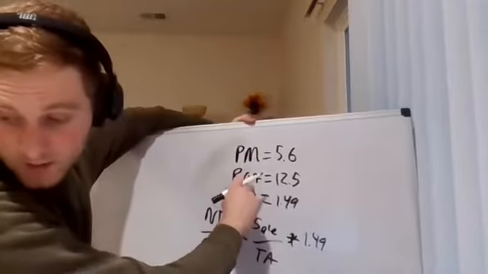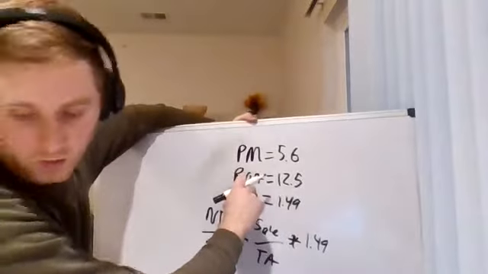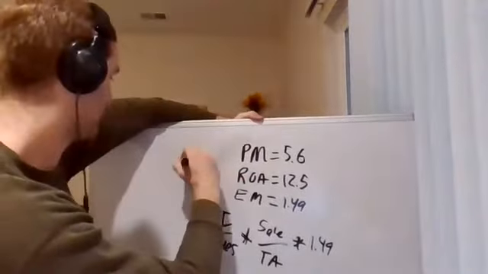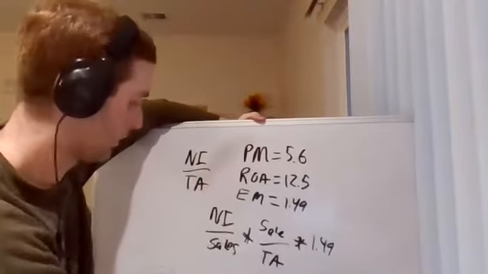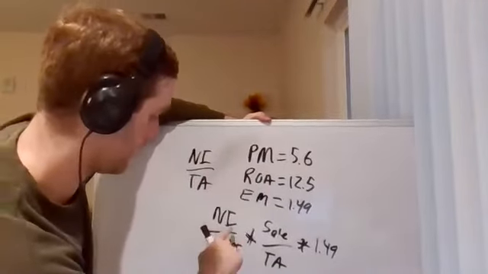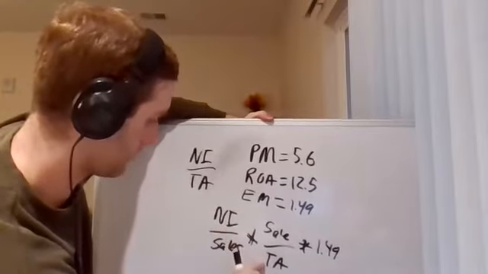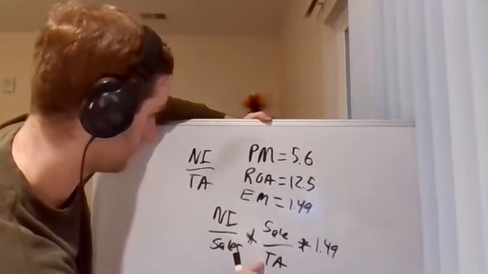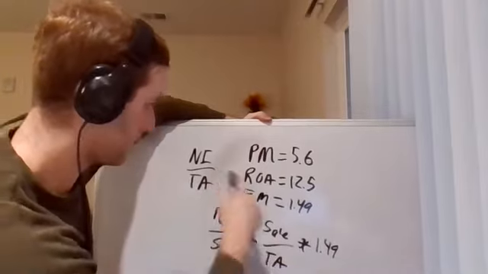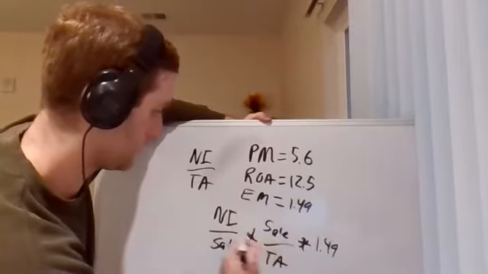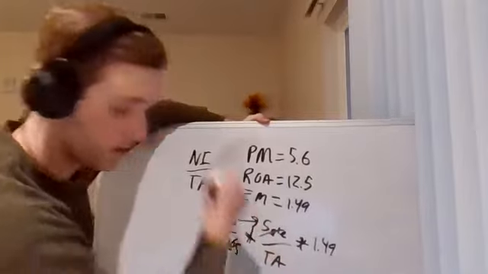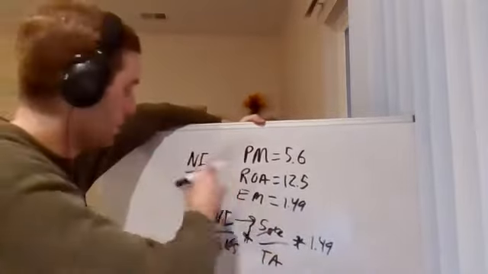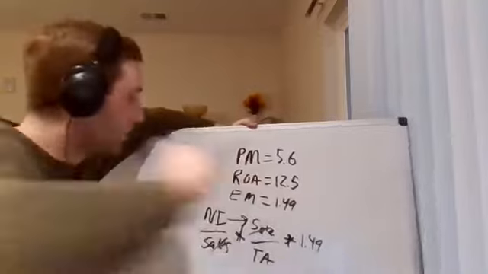Our return on assets is actually net income divided by total assets. Well, we have those here, our net income and our total assets, which is our return on assets. So if we just cancel these out, move this one over, we get net income over total assets, which is 12.5.